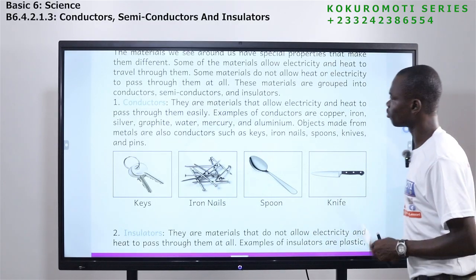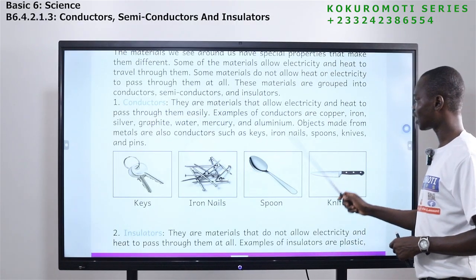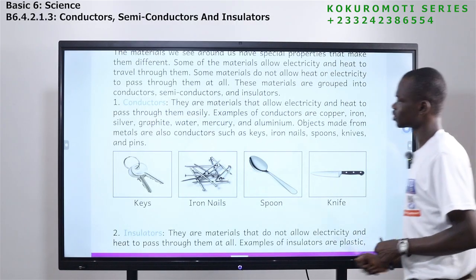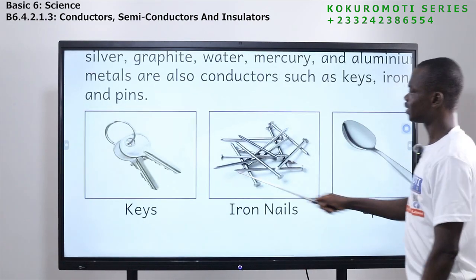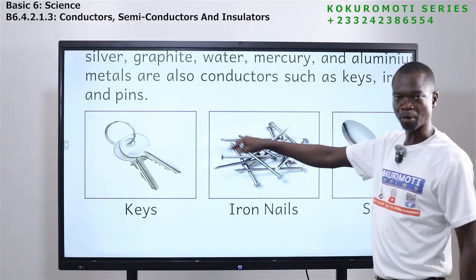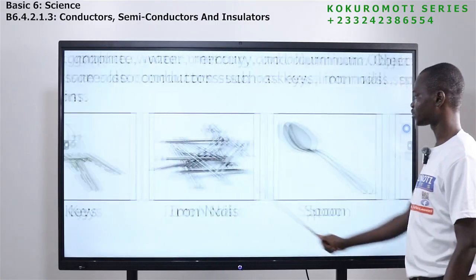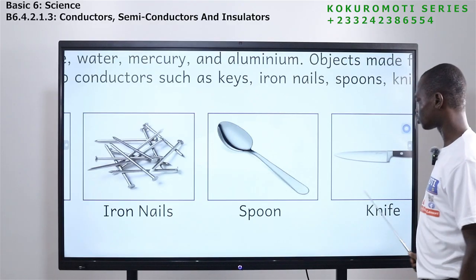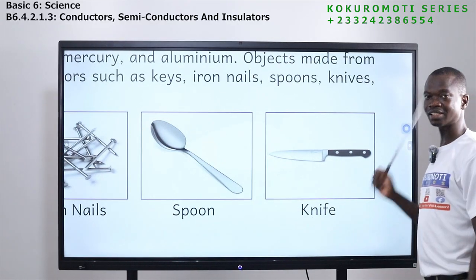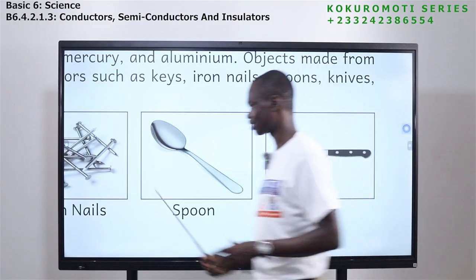Now objects made from metals are also conductors, such as keys, iron nails, spoons, knives, and pins. So these are pictures. Heat can pass through this, electricity can pass through it. This one too, heat can pass through, electricity too can pass through. Knife, heat can pass through, electricity can pass through. That is why they are called conductors.